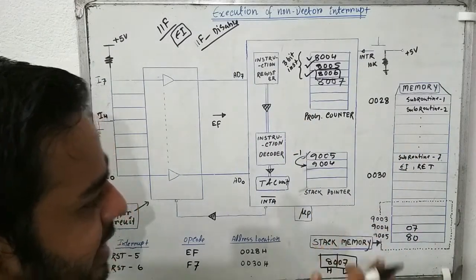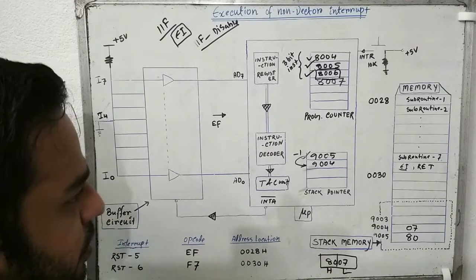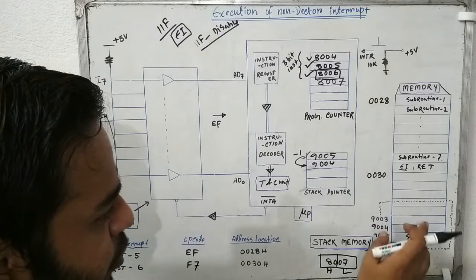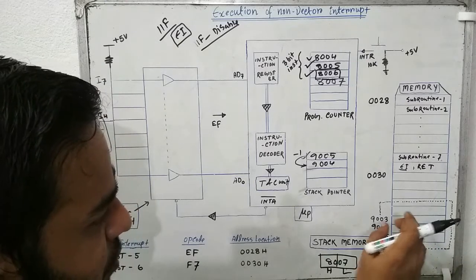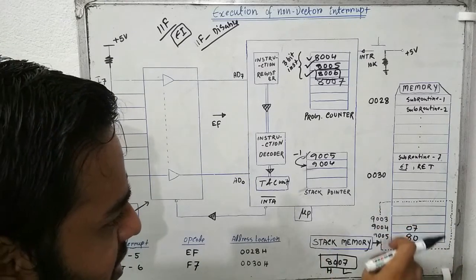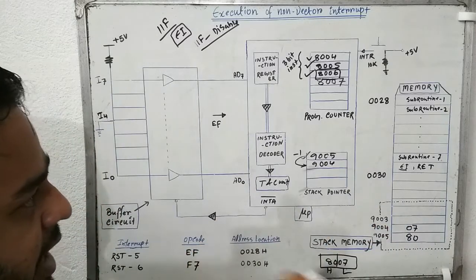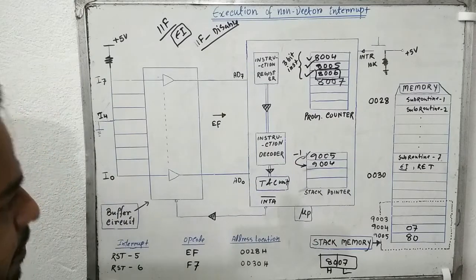It's basically a bookmark. When the microprocessor completes all the execution related to the interrupt request, it will start executing the main program from this address. That's why it is storing this particular address here, so that it can retrieve it later and perform the rest of the main program.